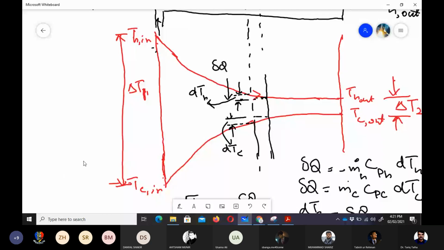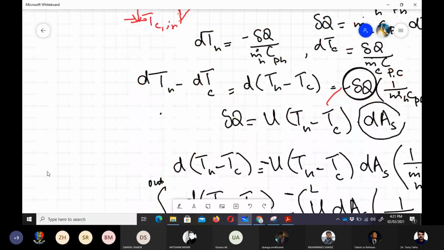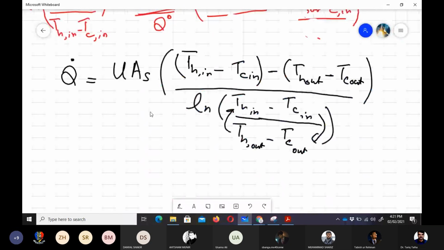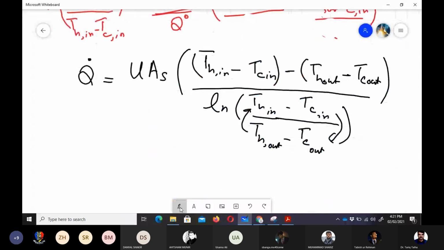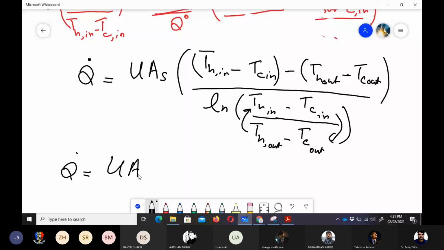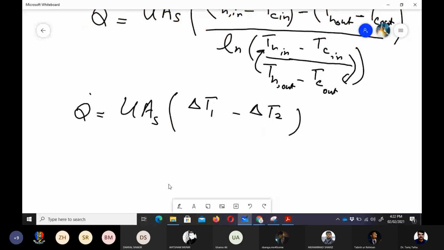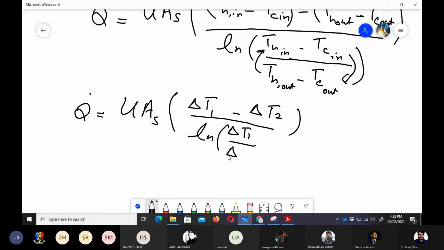So here we can write Q dot is equal to UAS times delta T1 minus delta T2 divided by the natural log of delta T1 upon delta T2.